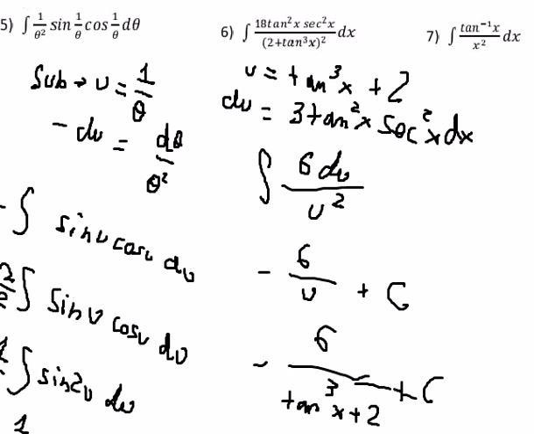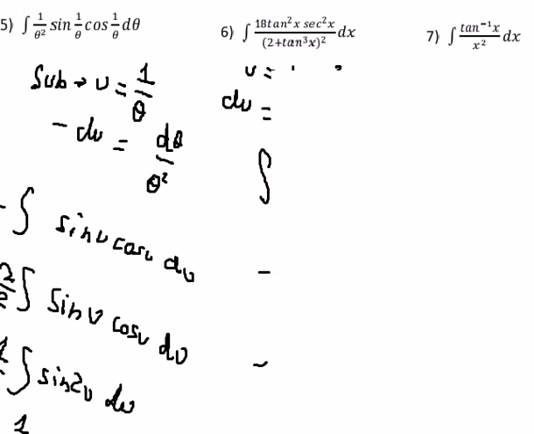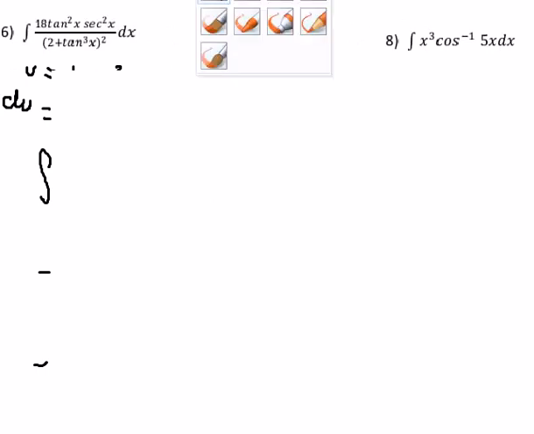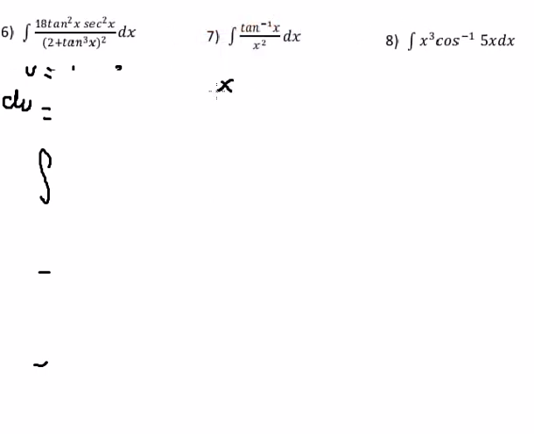Next, about number 7, we put s equal to tan t. So you get ds equal to secant t squared dt.